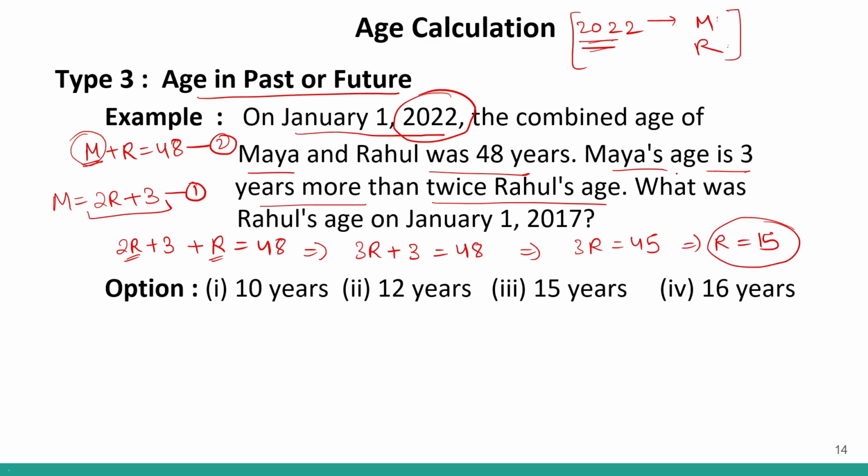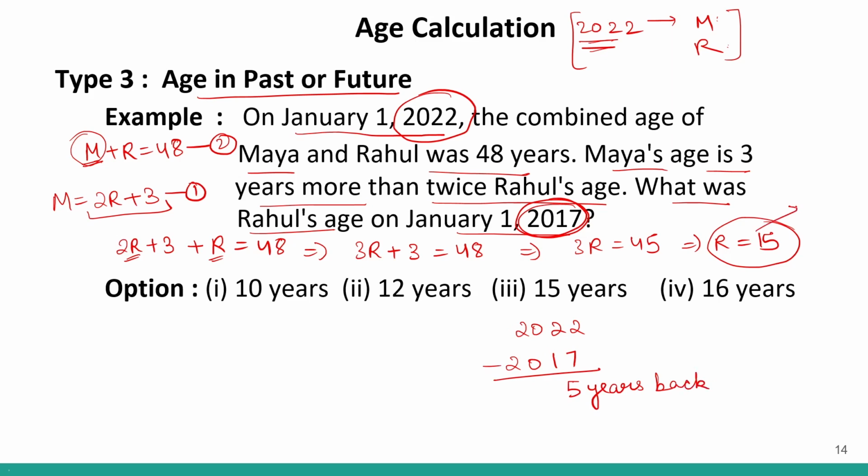Now in the question we are asked, what was Rahul's age on January 1, 2017? So we have to find Rahul's age 5 years ago, because from 2022, if I go to 2017, that means I'm going 5 years back. Correct?